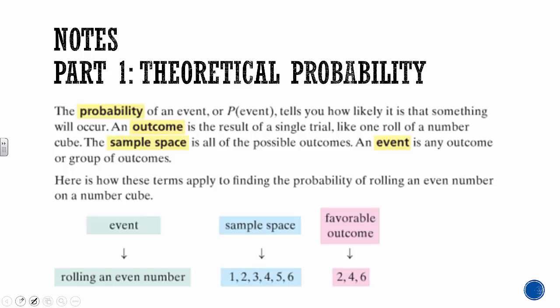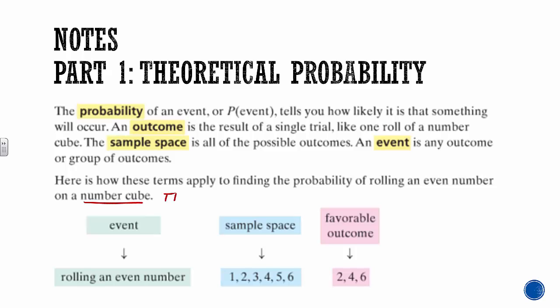So theoretical probability. The probability of an event tells you how likely it is that something will occur. An outcome is the result of a single trial, and the sample space is all the possible outcomes. An event is any outcome or groups of outcomes. So here's an example. My event is rolling an even number on a number cube.